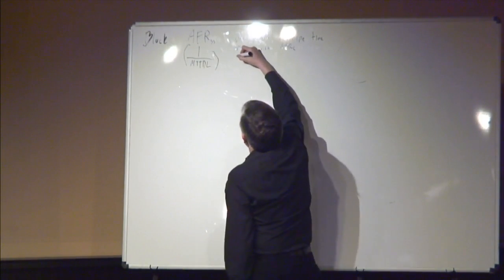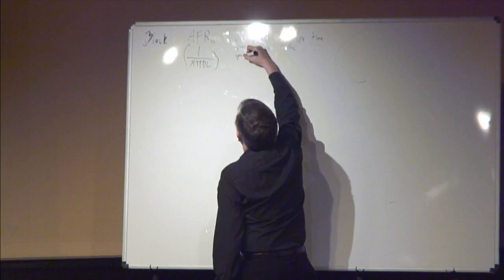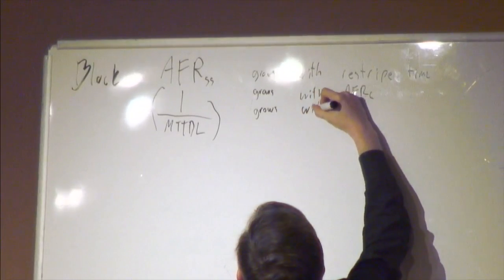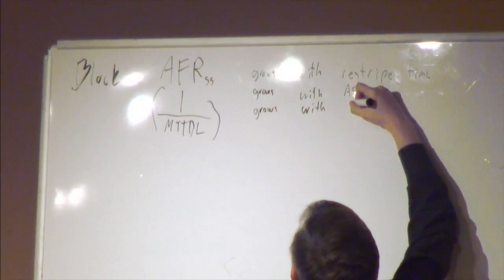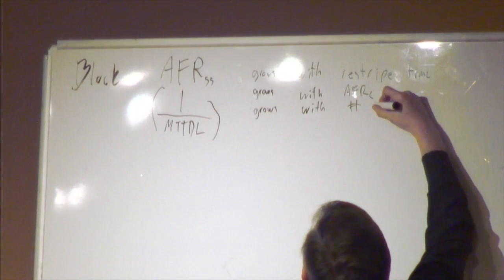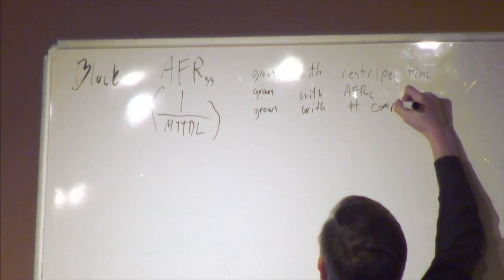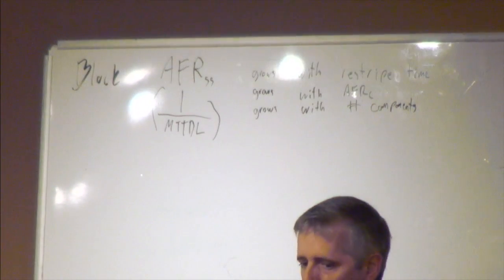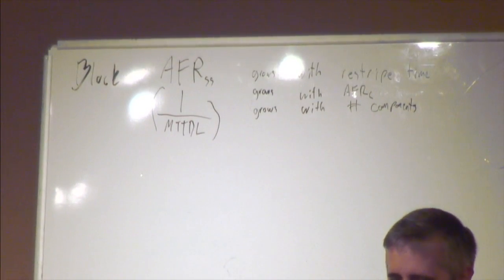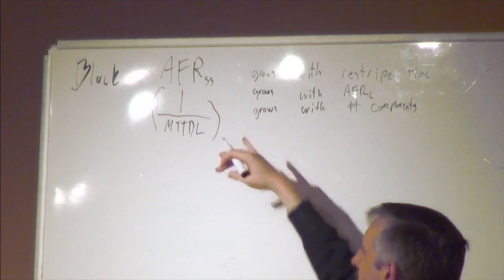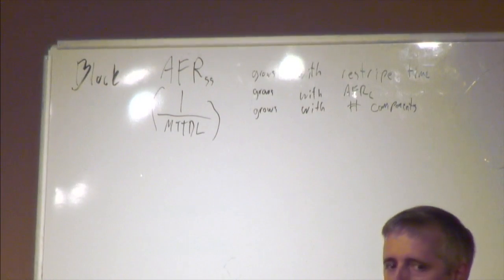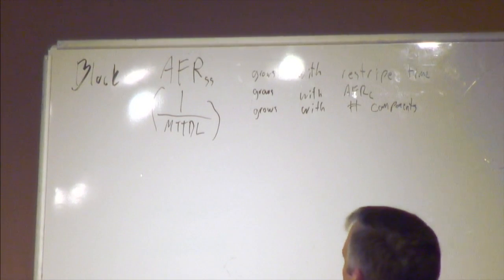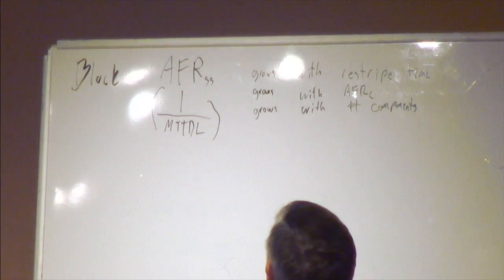This grows with cluster size. It actually grows with the number of components, really. The more components you have that can fail, the higher the AFR of the entire system will be.